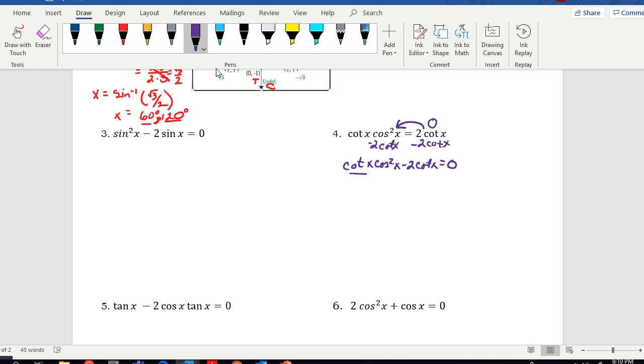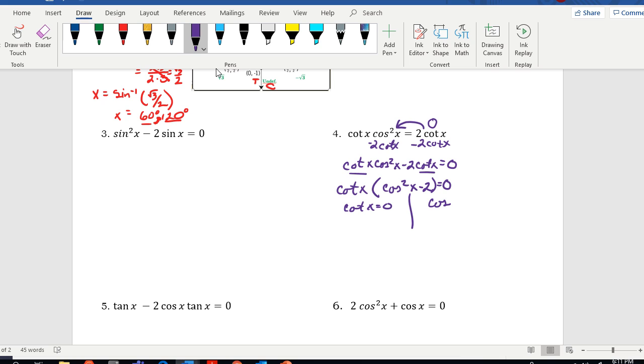So factoring out what matches on both sides, it's cotangent. So cotangent x times cosine squared x minus 2 equals 0.